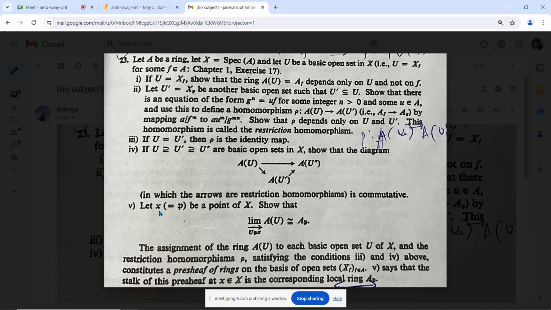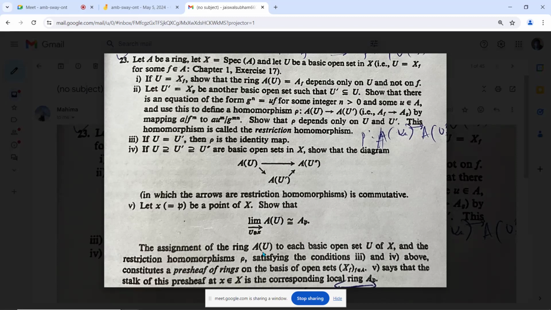And now if x is equal to p, a point of x, right? So the space is x and p is a point. Then you basically take all the open sets that contain that point, and then you just go smaller and smaller and smaller, right?